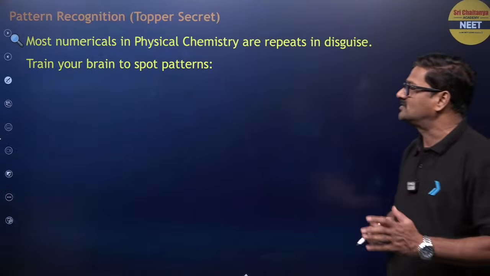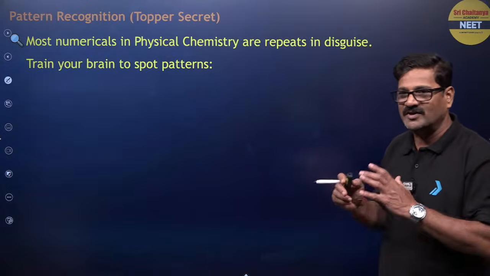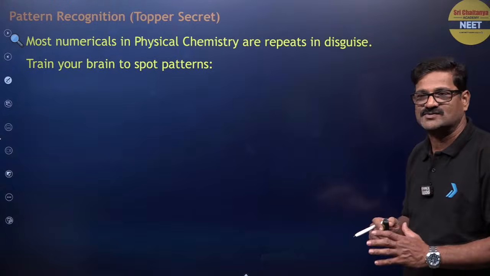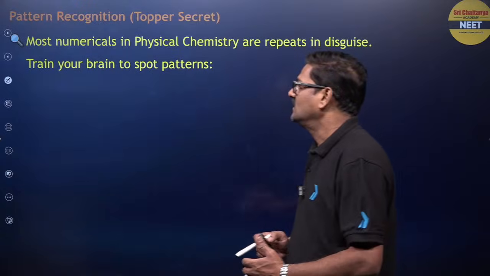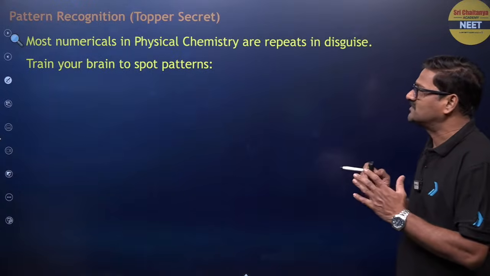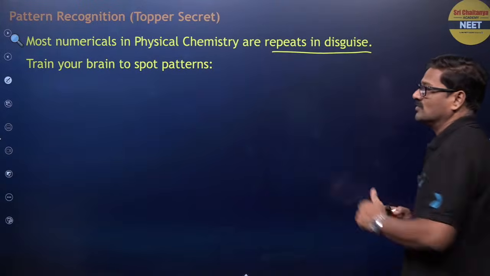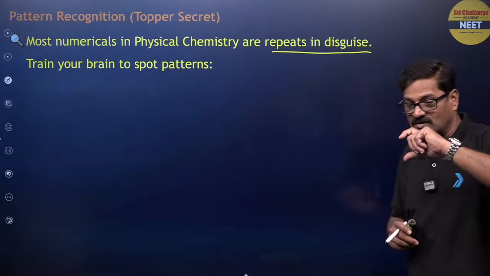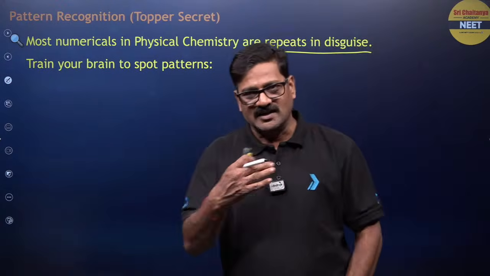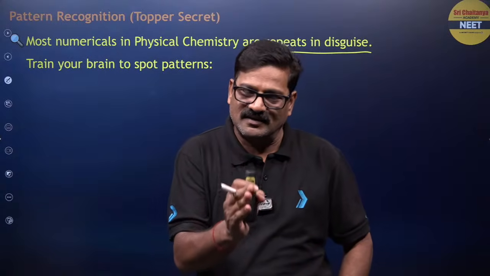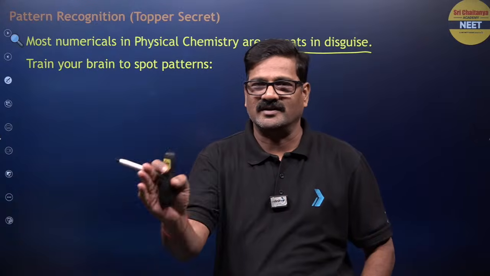So pattern recognition, again a topper's secret. I am giving you these pieces of advice based on the topper's mindset. Bacho, most numericals in physical chemistry are repeats in this. Train your brain to spot the patterns. When the question is coming from chemical kinetics, I'll tell you it is either first order or zero order or the Arrhenius equation.